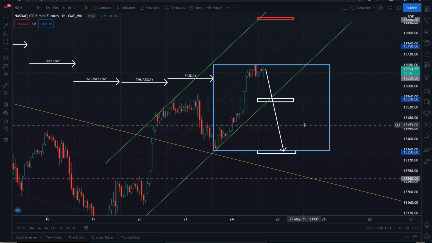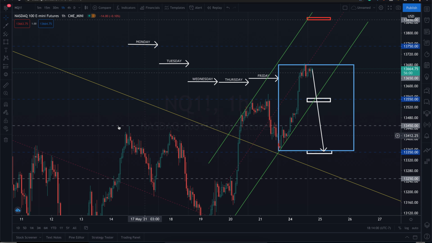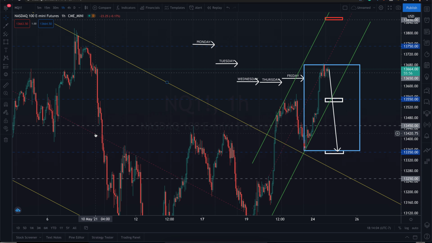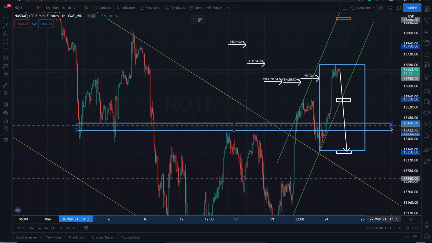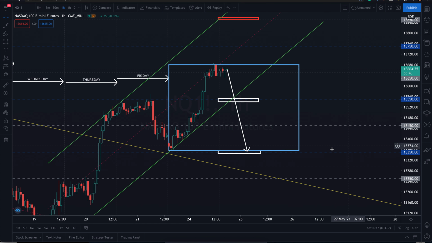The 13,450, I'm just going to skip over it because it's not a level that I'm interested in trading right now. I know we have been using it as support and resistance, but I believe that if we drop down, we're just going to go straight down to the next level and try to retest it.